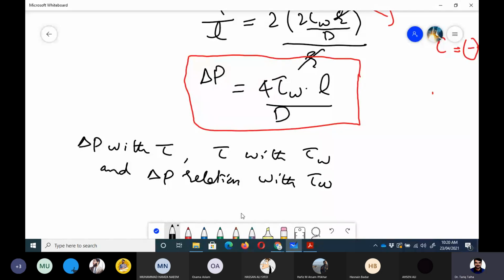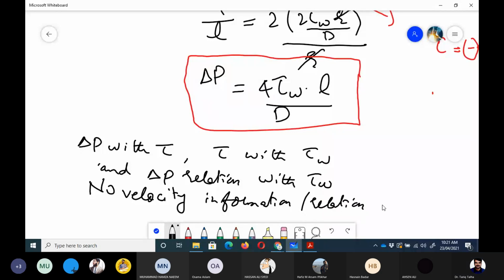These three relations we have discussed, but one thing is missing: there is no velocity information or relation with tau or delta p. So we need to also incorporate the velocity information for the determination of delta p and shear stress. That is something we will do in this class.